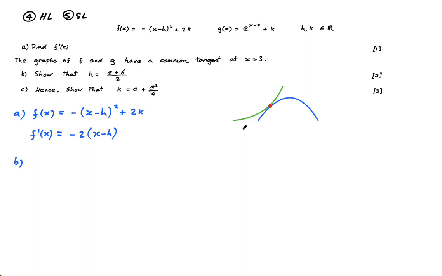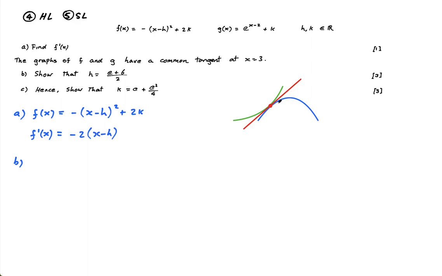So what this actually means is, this point is on both of the graphs, because they have to intersect here, because they both have a common tangent here. So the tangent means this straight line touches this green curve, which is the exponential, just once here, and it touches this blue curve just once here, which means the blue and the green curve actually touch each other just once here. So that's important to understand first.